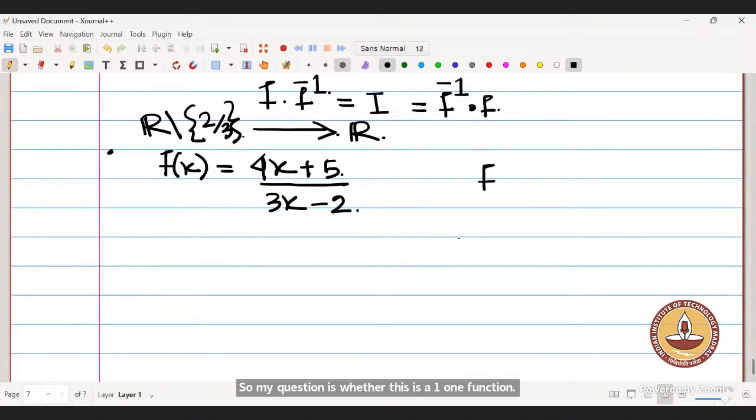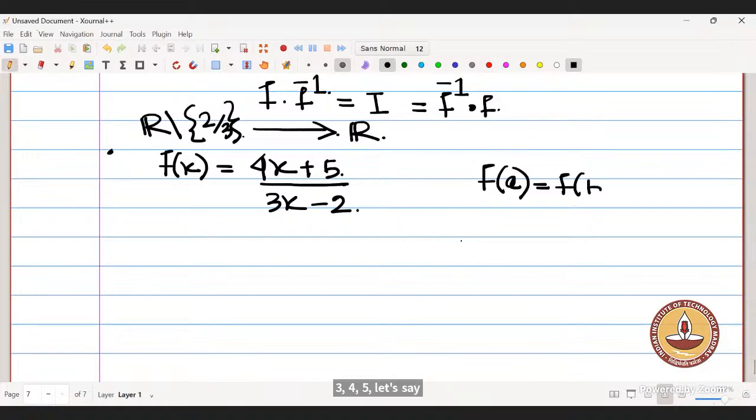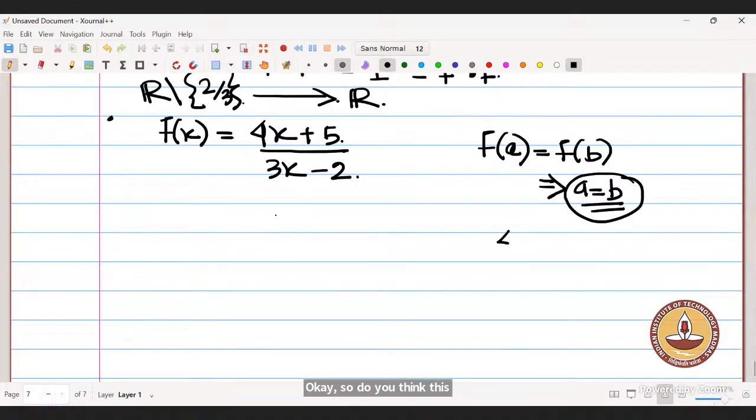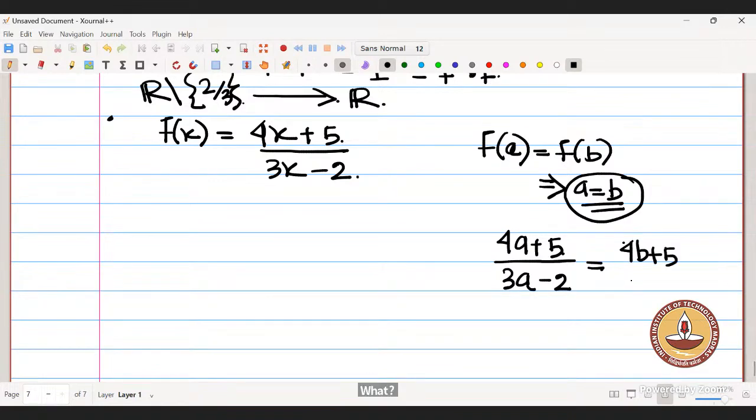So 1-1 function means what? If f of a is equal to f of b, this would imply that a is equal to b, right? Do you think this holds for this function? If f of a, that means (4a plus 5) upon (3a minus 2), is equal to (4b plus 5) upon (3b minus 2).